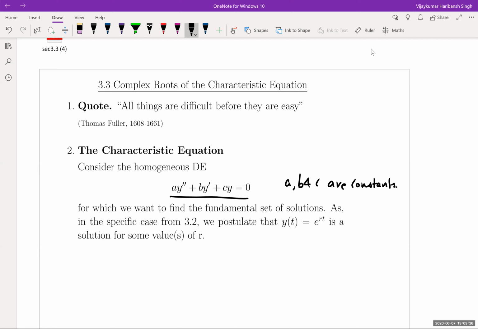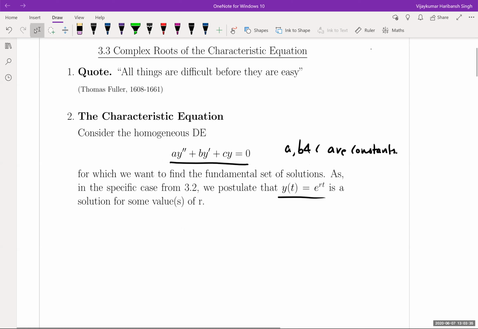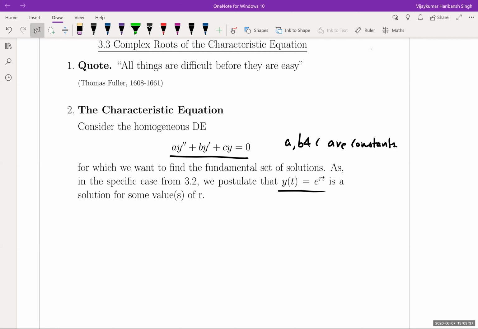Now, as we saw last time from 3.2, we'll postulate that y equals e to the power rt is a solution for some values of r. So let's work this out. We have y equals e to the power rt, then y prime is going to be e to the power rt times r, and y double prime is going to be r squared e to the power rt.